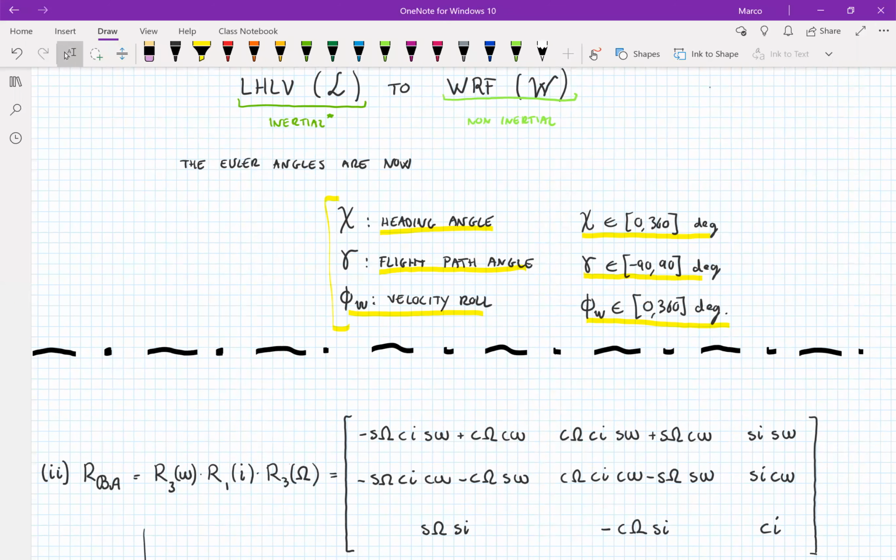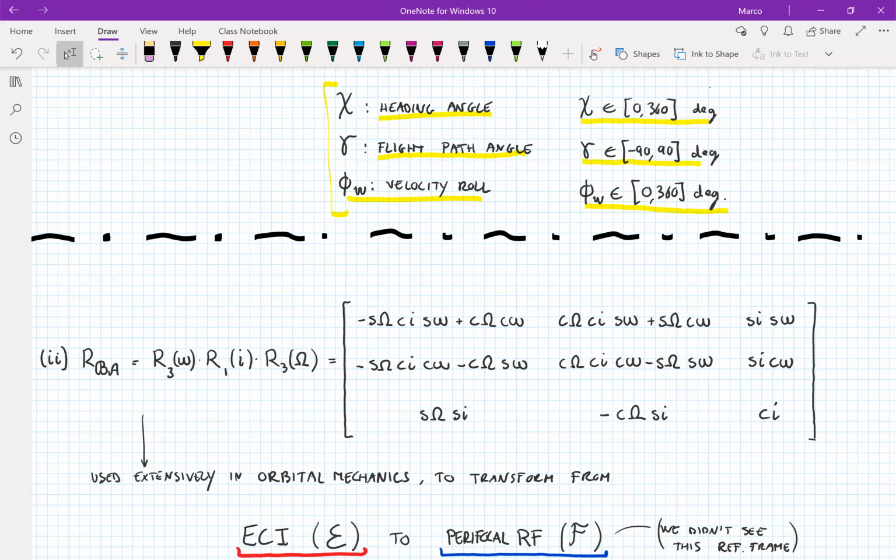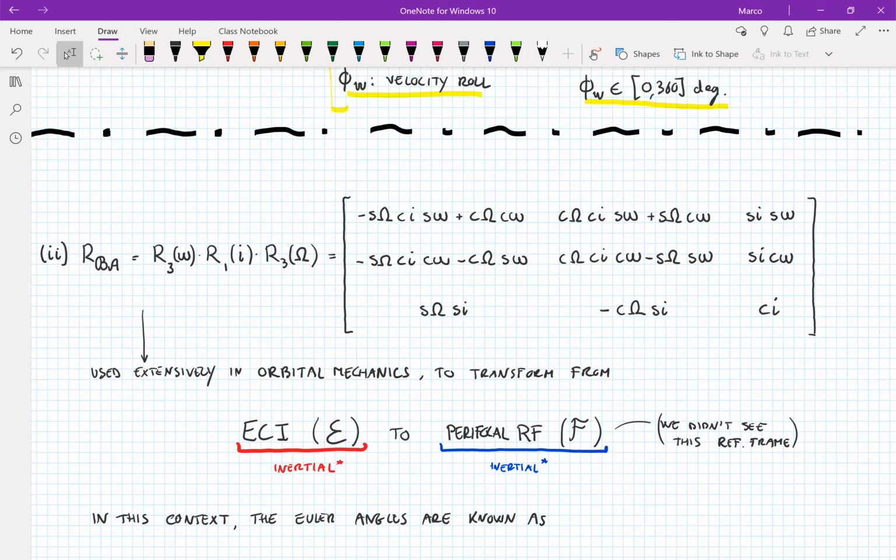Now, the second most common sequence of rotations is the 3-1-3. This 3-1-3 is extensively used in orbital mechanics, especially to go from the Earth-centered inertial frame, the inertial reference frame centered in the Earth and not rotating with the Earth, to a so-called perifocal reference frame, which is fixed on the orbital plane of the spacecraft or the satellite.